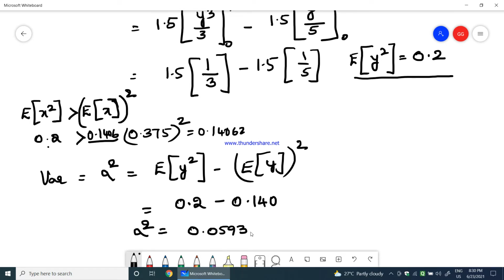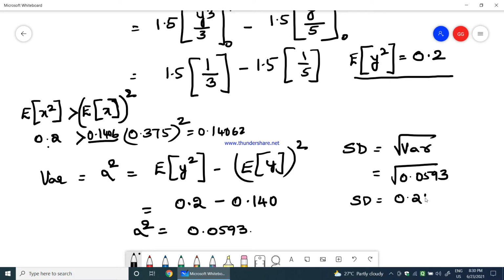So the variance is equal to 0.0593. Now if they ask you to find out the standard deviation, then it is the square root of variance, which is equal to the square root of 0.0593. If you find the square root of 0.0593, you get the standard deviation equal to 0.243.